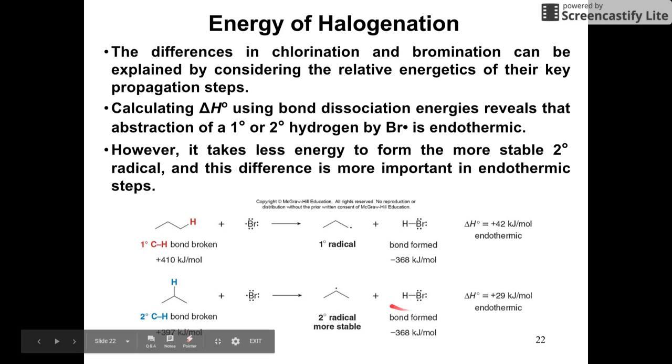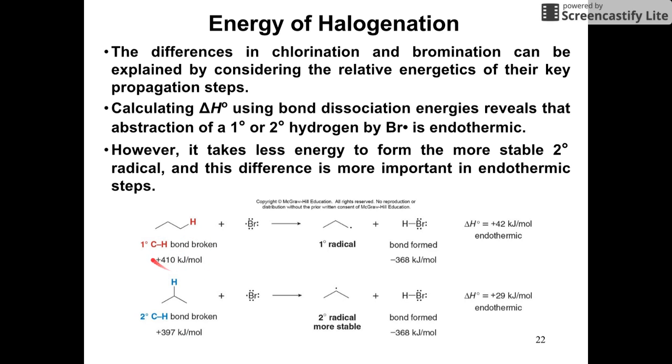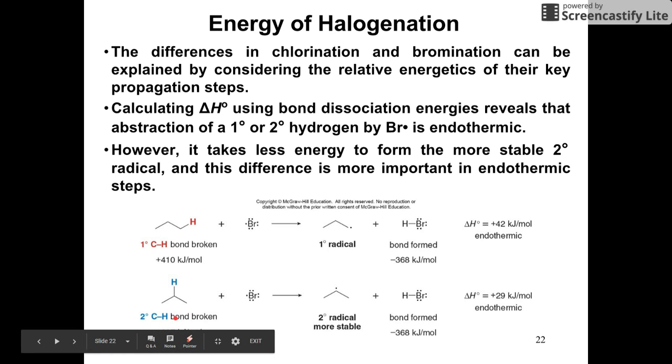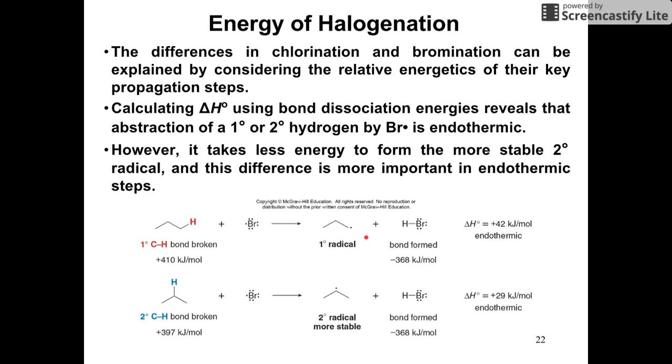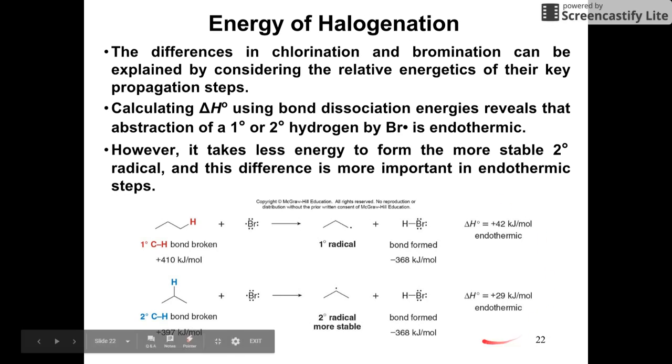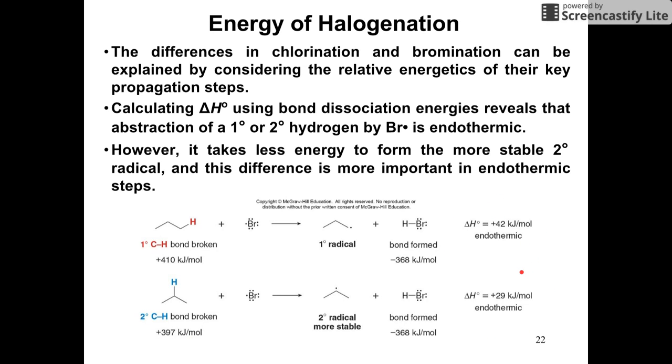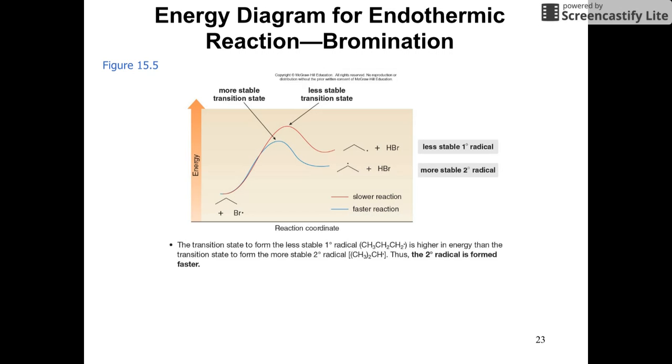Now, when we deal with bromine here, just like we talked about with chlorine, we break this bond, okay? Now, the secondary is a little bit weaker, so it's less endothermic there. But either way, this overall formation of the carbon radical is going to be an endothermic process, and that's critical. That is very important to why this is a selective process.